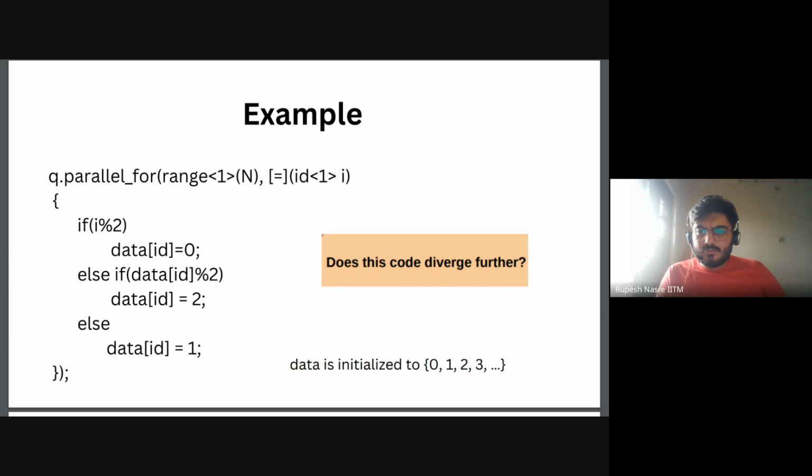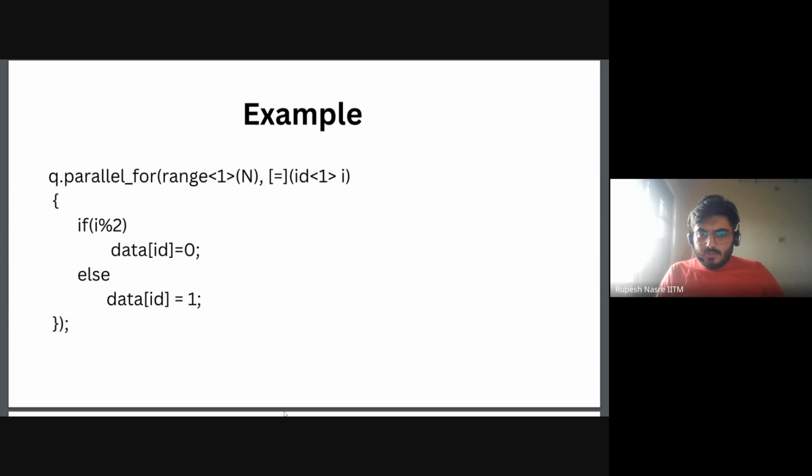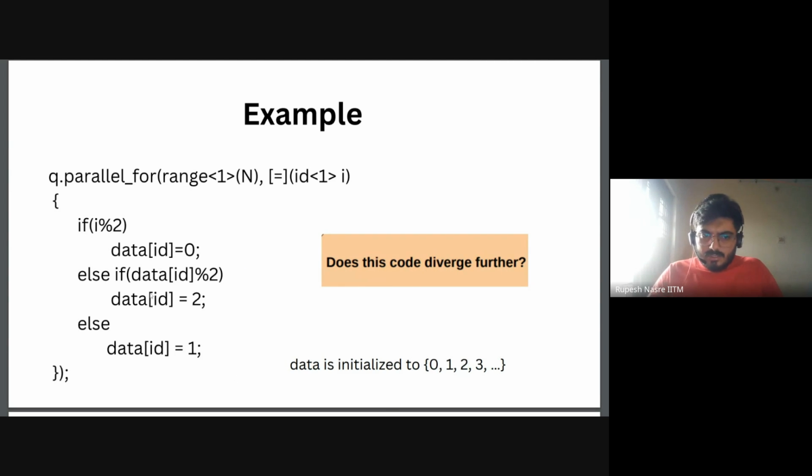So does this code diverge further? Assume that the data is initialized to 0, 1, 2, 3. Consider this code, which has some thread divergence. Will writing this extra if-else statement make the code diverge further?